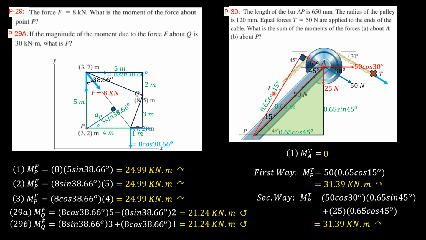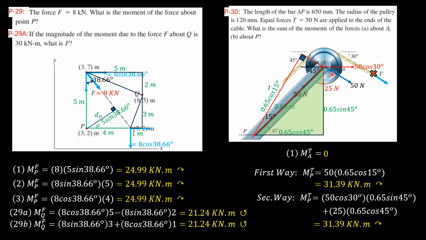So that's why that's 0.65 cosine of 15. So the sum of moments about P, one is 50 times 0, the other is 50 times 0.65 cosine of 15. So that's the first way. So 31.39 newton meter, and that is clockwise.